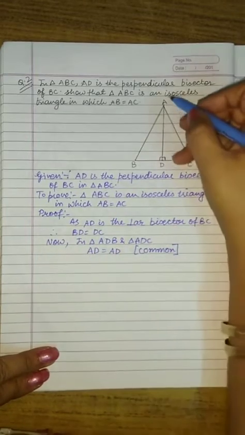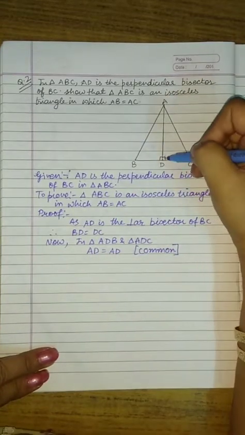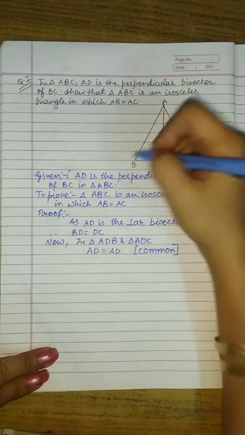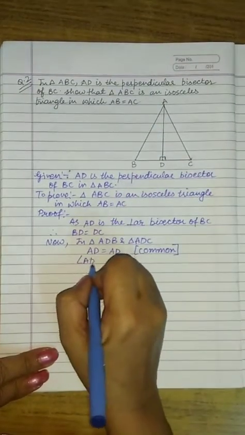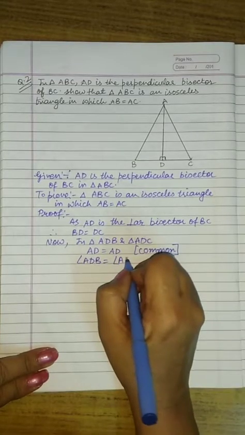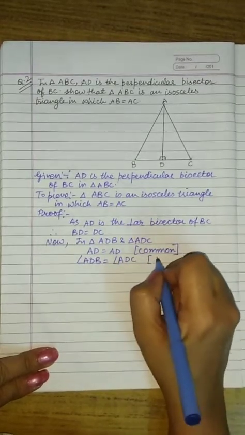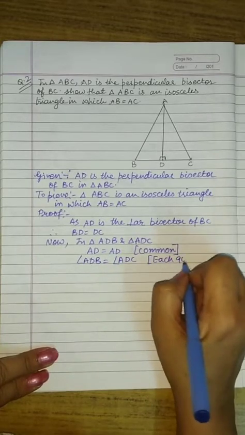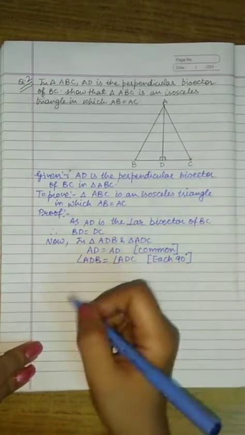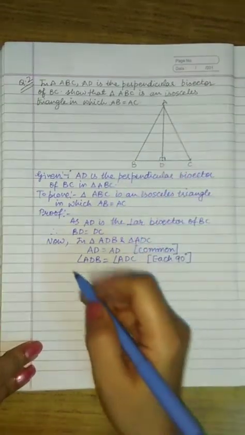Now as AD is the perpendicular bisector of BC, angle ADB is equal to angle ADC, each 90 degrees. So it is perpendicular on BC, therefore these two angles are 90 degrees.